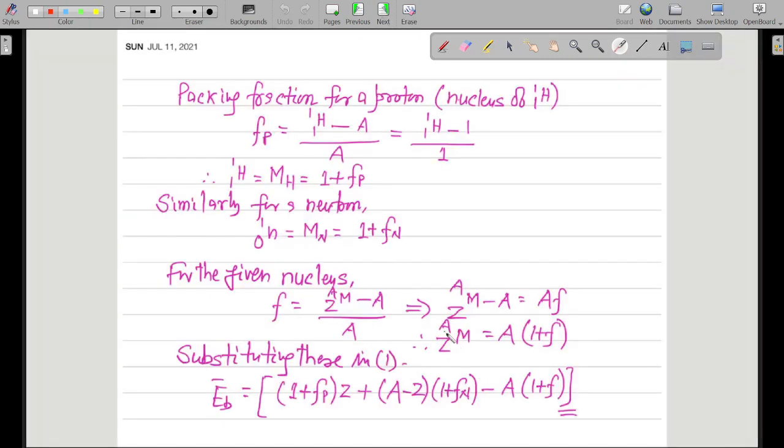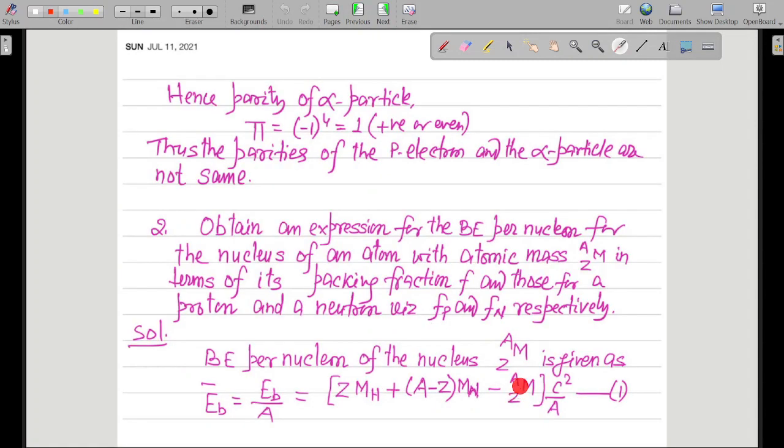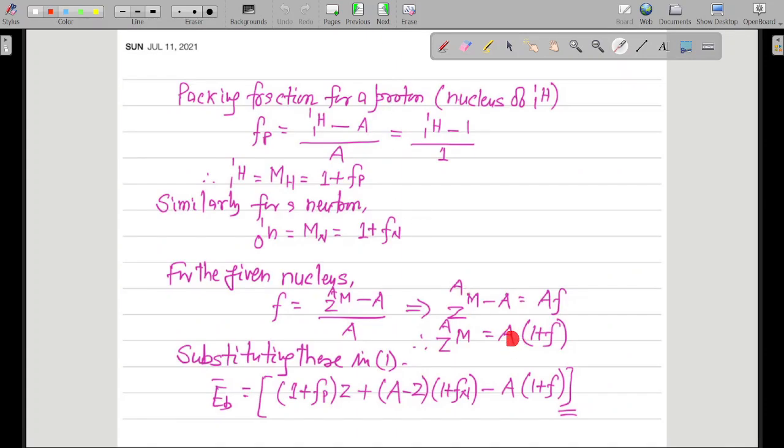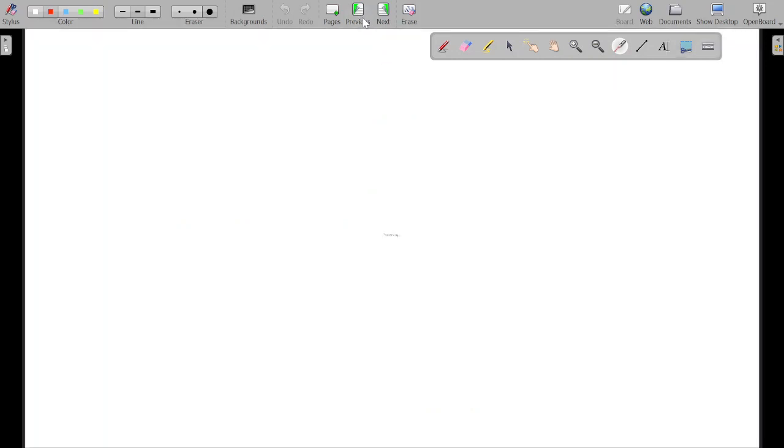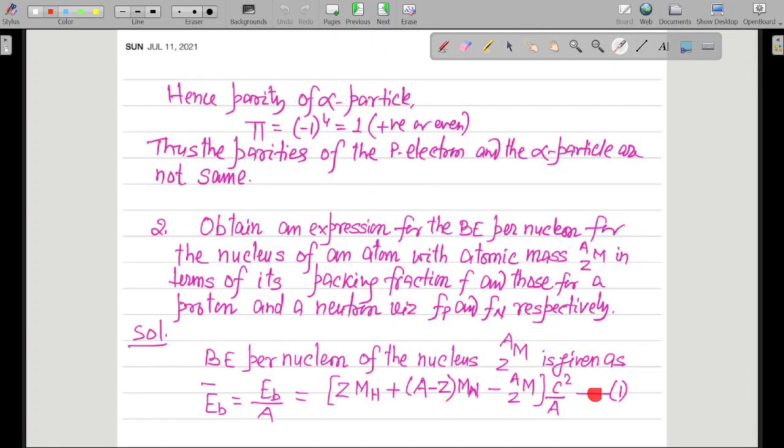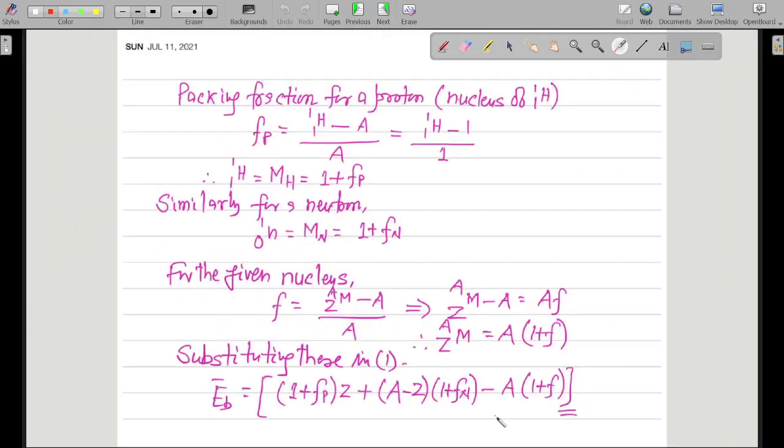And instead of M_ZA, we substitute, in terms of packing fraction, A into (1 plus F). So what did you get then? You got this particular expression. This expression became like this.